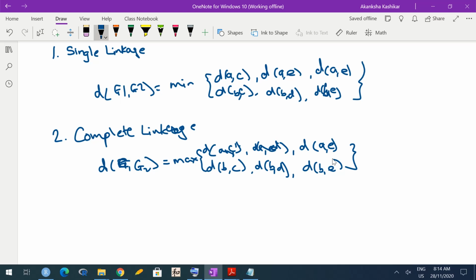So this is complete linkage, maximum distance. You consider all possible distances and take the maximum.